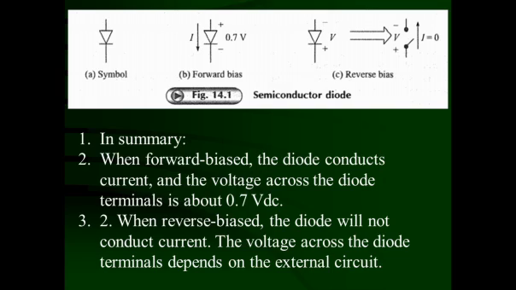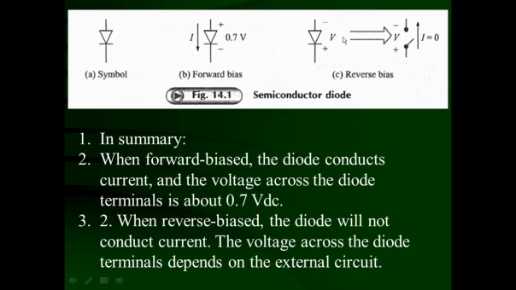So what happens? The current cannot flow, so there cannot be a voltage drop across the resistance which is used to control this current. So IR is going to be 0. So the voltage drop across this diode depends upon whatever voltage is applied.